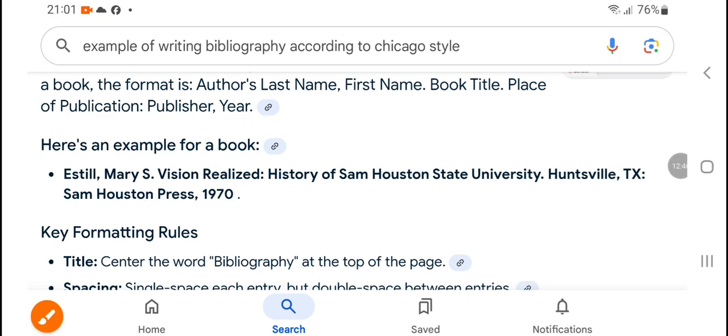So please take care and do it whenever you write a research paper or synopsis or bibliography. Whenever you mention a bibliography, you have to follow this order, okay?